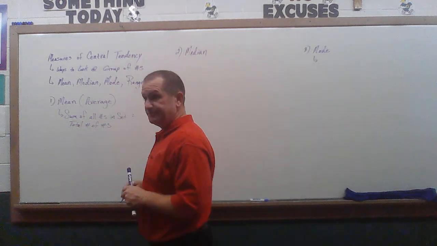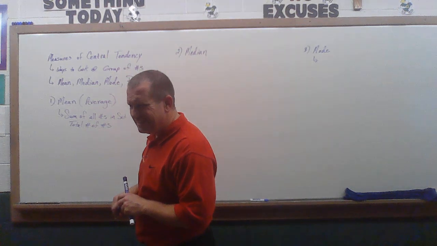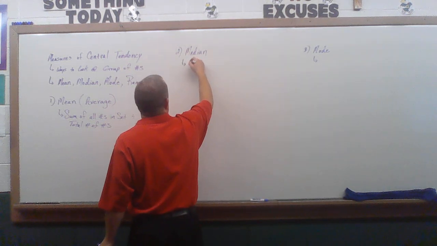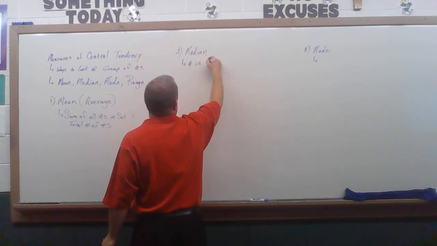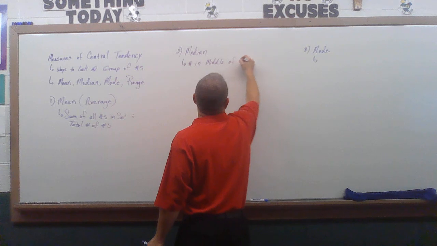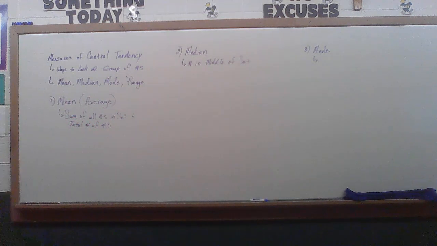What's the median? Median number. Isn't that when you take the biggest number? The what? The median number. Yeah. This is the number in the middle of the set. So what's the most important thing that you have to do in the median?